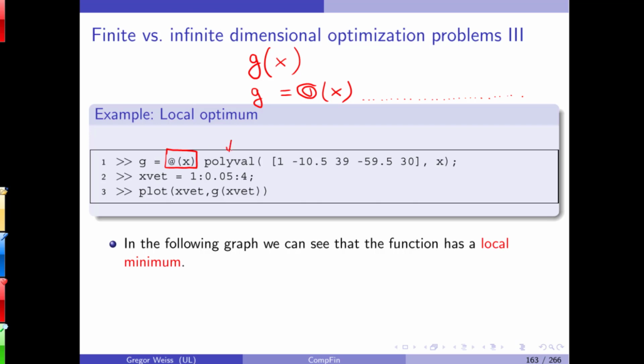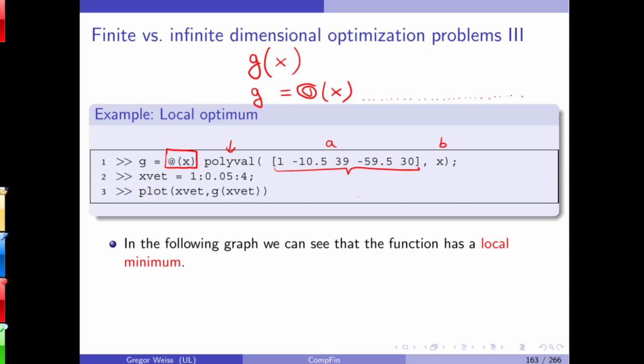And in this case, it's polyval. That's the value of a polynomial. And polyval has two ingredients, a and b. A is a vector for the coefficients of the polynomial, and b is the value at which we want to evaluate the polynomial.